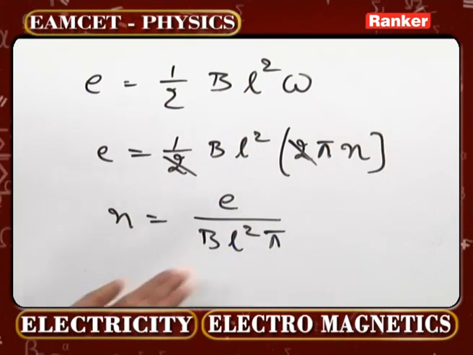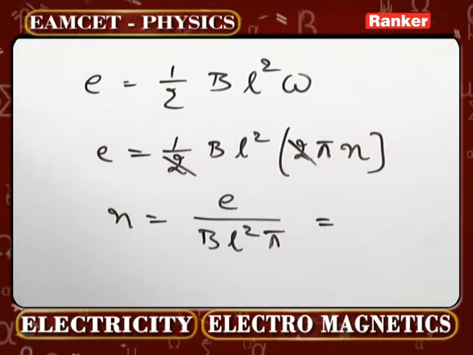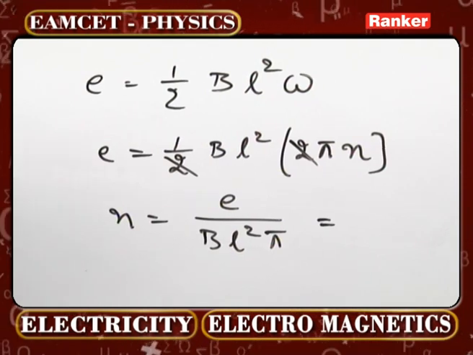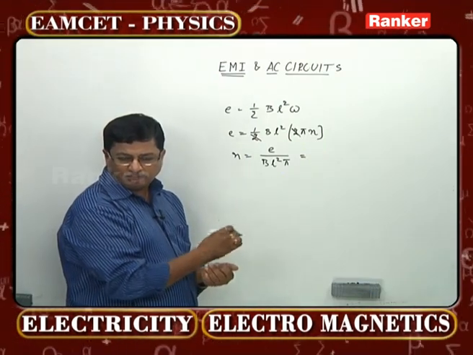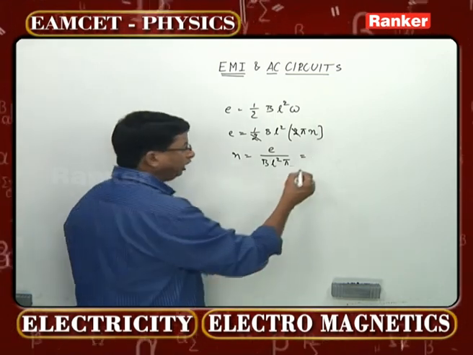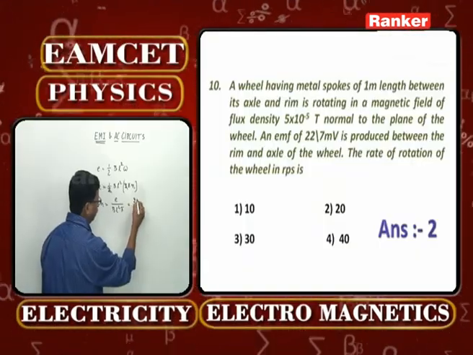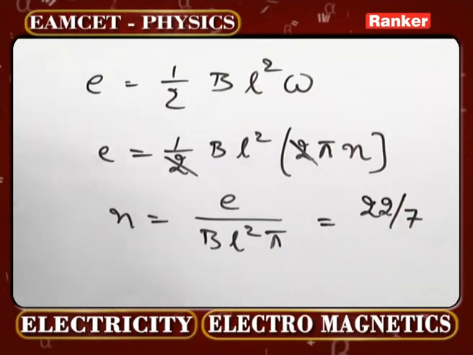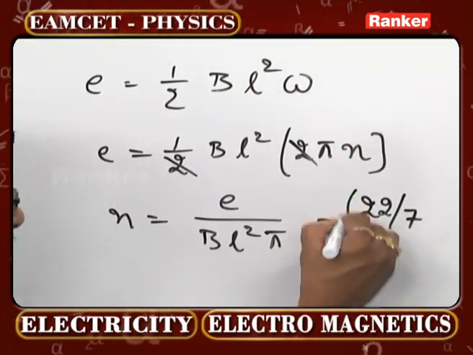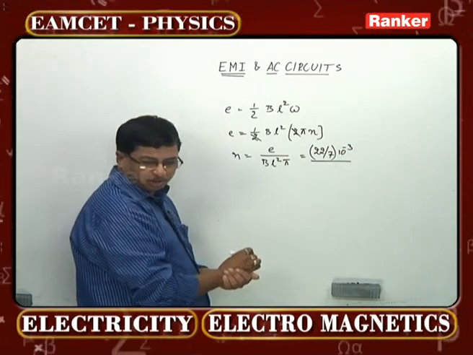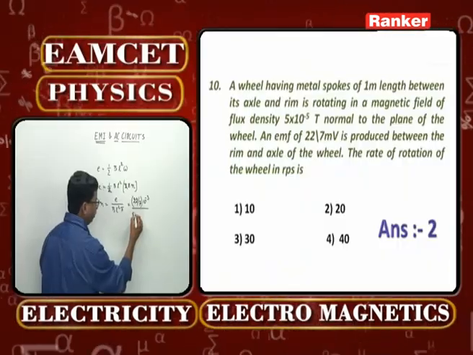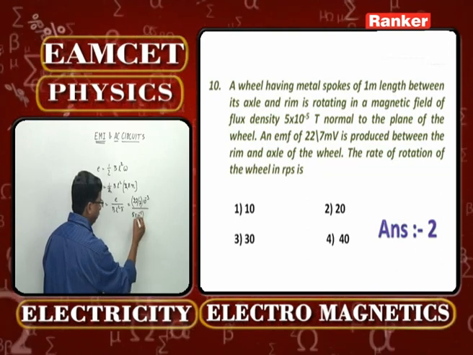So what can you write now in this case? How much EMF has been produced there? He has mentioned the value. The magnetic field he has given you. EMF is 22 by 7 millivolt, so 22 by 7 into 10 power minus 3, divided by B. What is the value of B? 5 into 10 power minus 5, into L square.